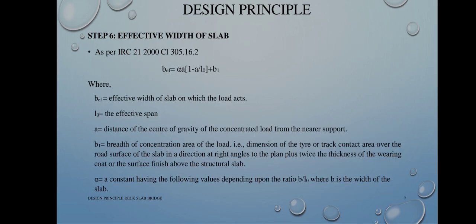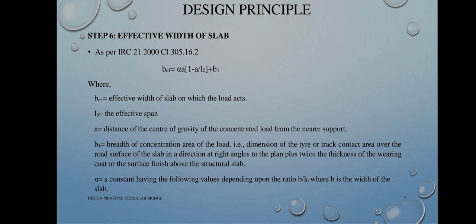Step 6 is the effective width of slab. As per IRC 21-2000, clause 305.16.2, B effective is equal to alpha A into 1 minus A by L0 plus B1, where B effective is the effective width of slab on which the load acts, L0 is the effective span, A is the distance of the center of gravity of the concentrated load from the nearer support, B1 is the breadth of concentration area of the load, that is the dimension of the tire or track contact area over the road surface of the slab in a direction at right angles to the span, plus twice the thickness of the bearing coat or the surface finish above the structural slab.